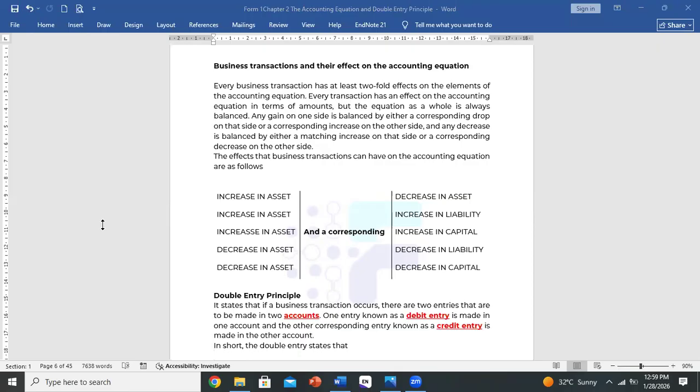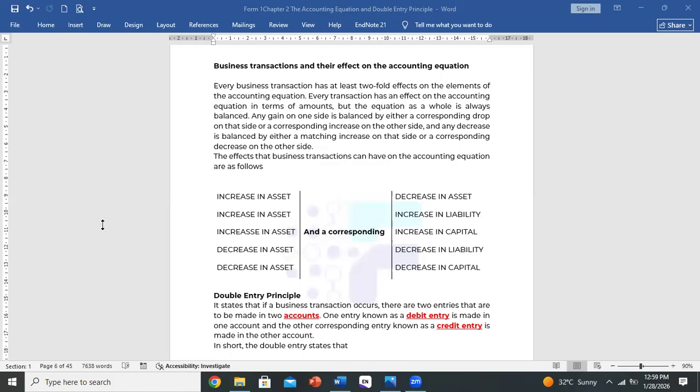So business transactions, what are business transactions? We are saying events that you can measure in monetary terms. Examples: you sell goods, you purchase goods, you go for a loan, you buy land, you buy a vehicle. All these are business transactions because you can measure them in money terms.